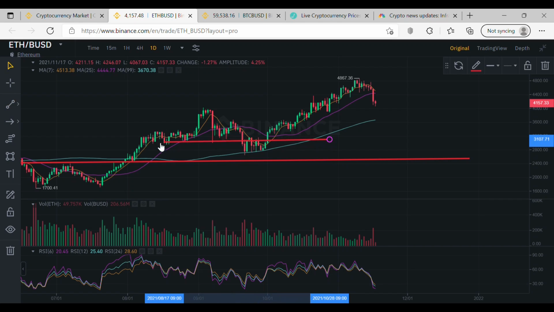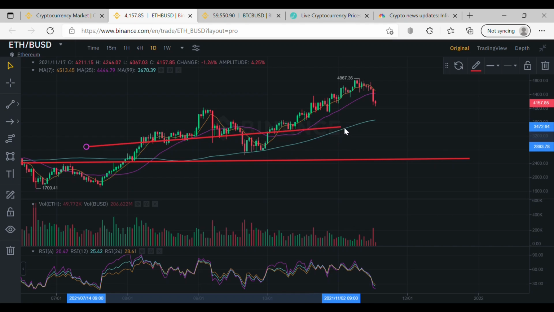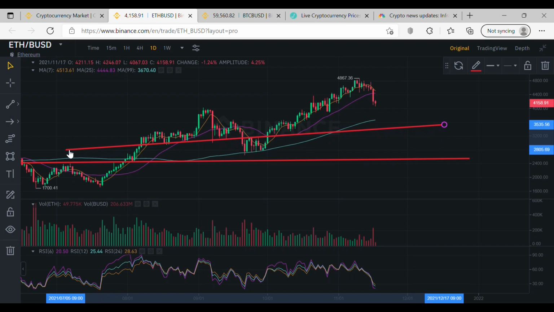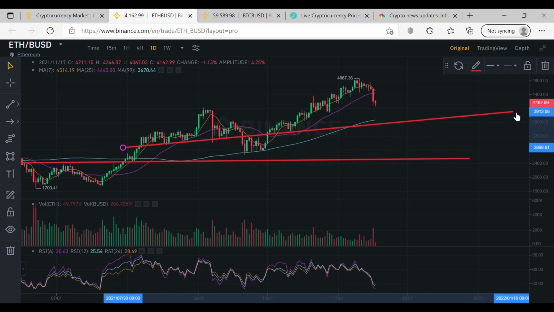So this is the neckline for this head and shoulder pattern. I'll most probably approach it like this. So this will be our support line for this head and shoulder pattern.